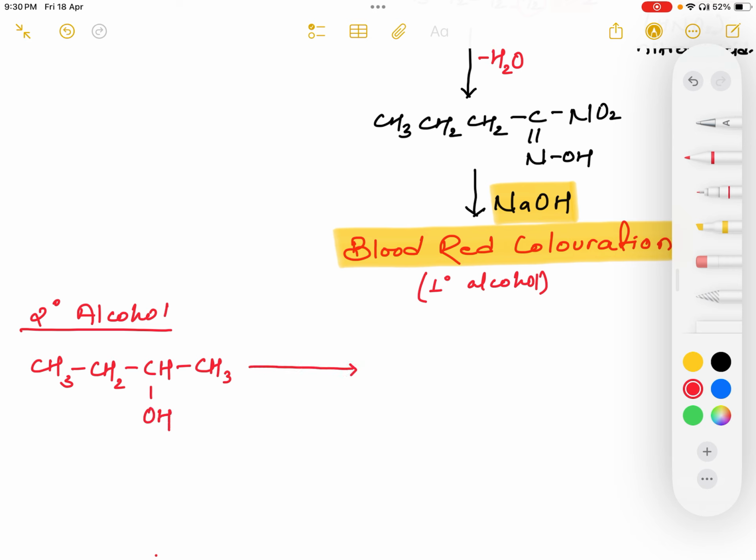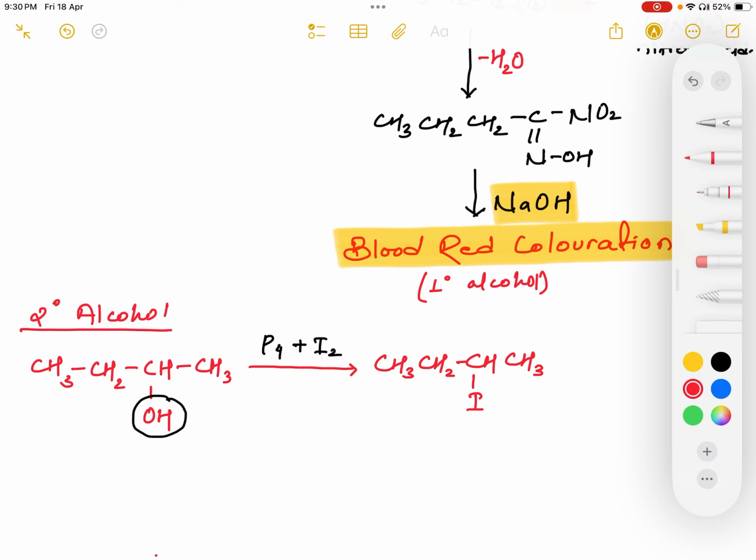What I said, the very first step, we need to treat it with phosphorus iodine. So this OH group will be replaced by I. Here I'll have CH3, CH2, CH, CH3, and here needs to be iodine.